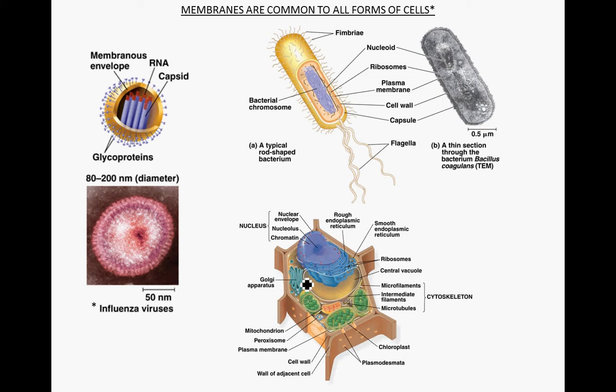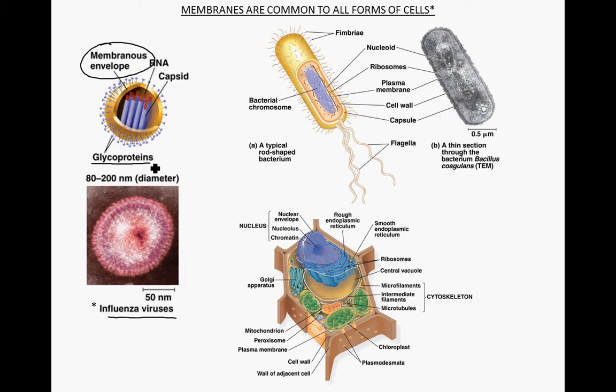So again, here we see an example of the influenza virus. And again, virus, not a cell, but there is this membranous envelope that is a phospholipid bilayer, right? So there is a component to that, and you see that there are these glycoproteins studding the membrane there. So we see them in viruses.